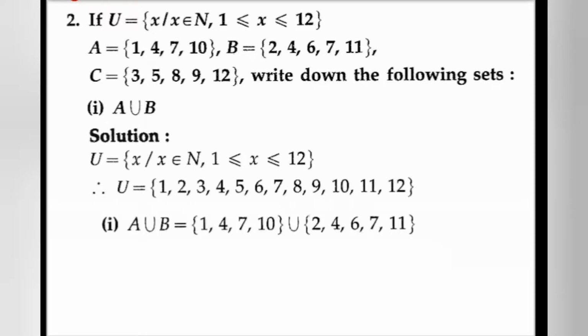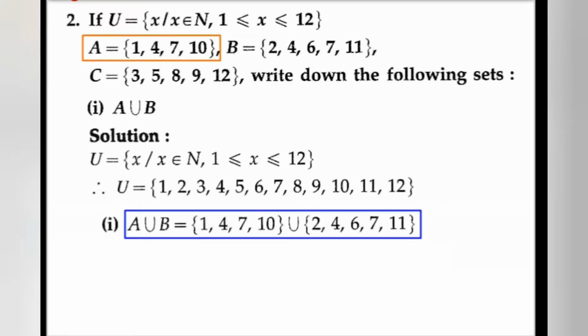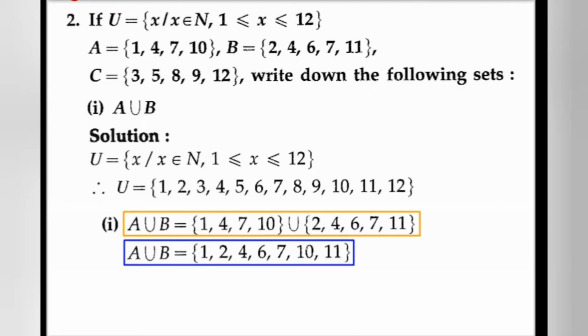Number 1. A union B. A union B would be set of 1, 4, 7, 10, union 2, 4, 6, 7, 11. So it will be set of 1, 2, 4, 6, 7, 10, 11.